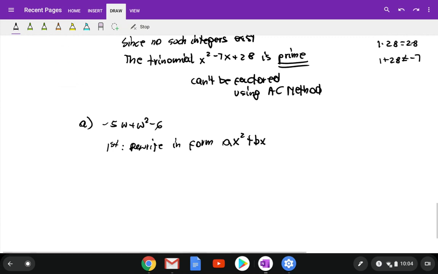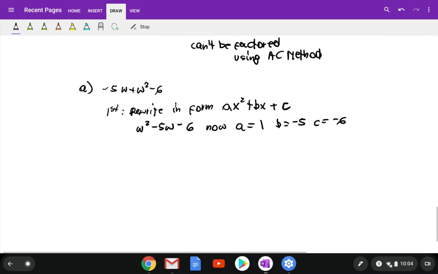So in our case, we rearrange it as w squared minus 5w minus 6. Now we know that a is equal to 1, the coefficient in front of w squared, b is equal to negative 5, and c is equal to negative 6.